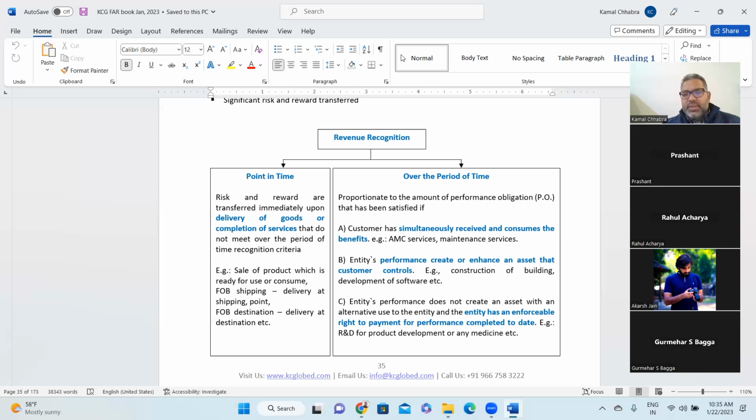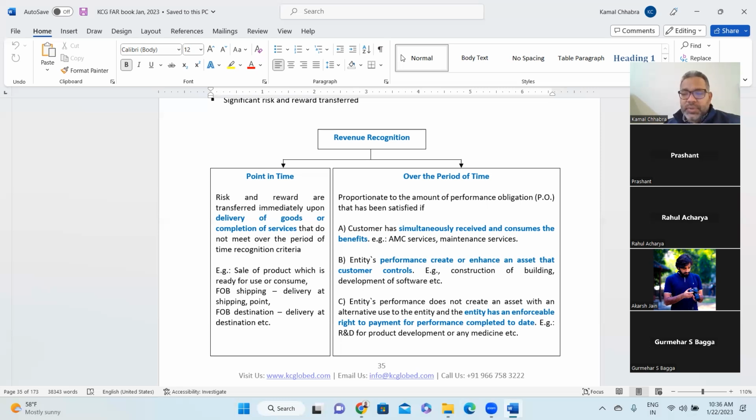But for example, let's assume Gurmeher wants to construct his house, a 4-story building along with stilt, and Gurmeher has hired, let's assume, Rahul as a contractor to construct this building, and they agreed on a price of, let's assume, $400,000.